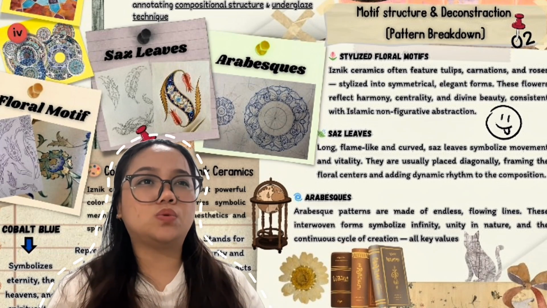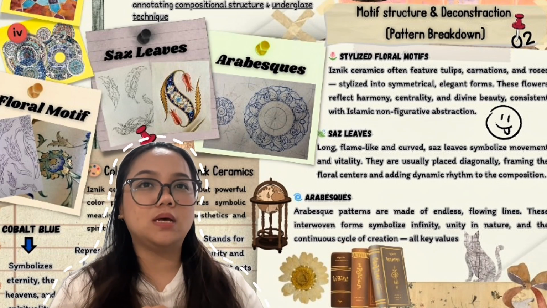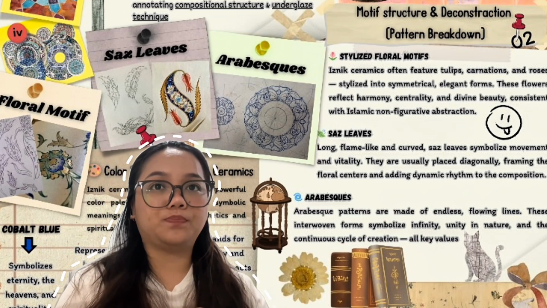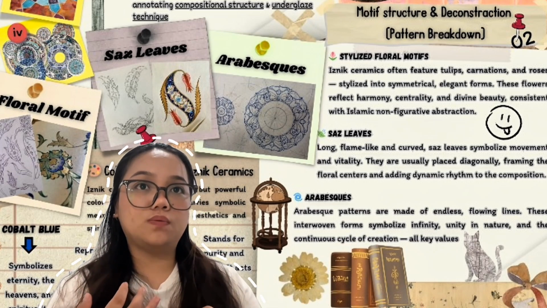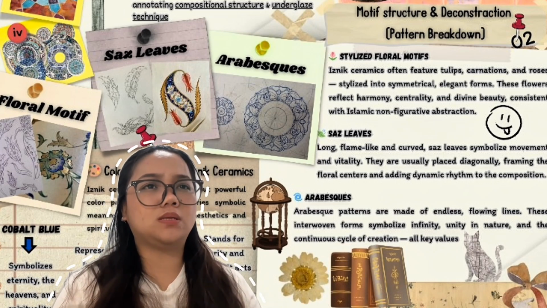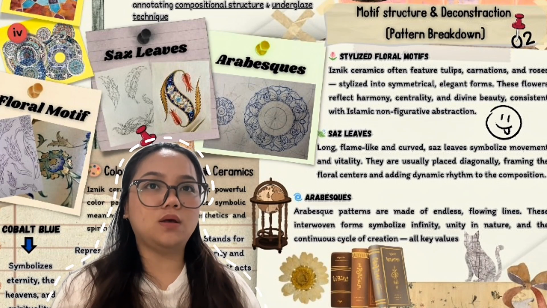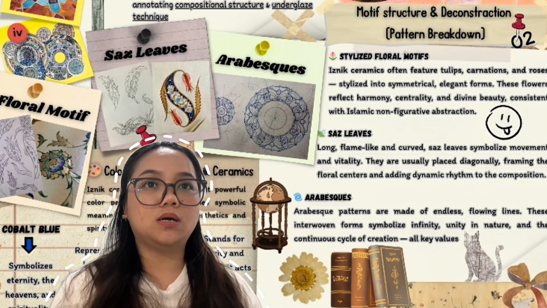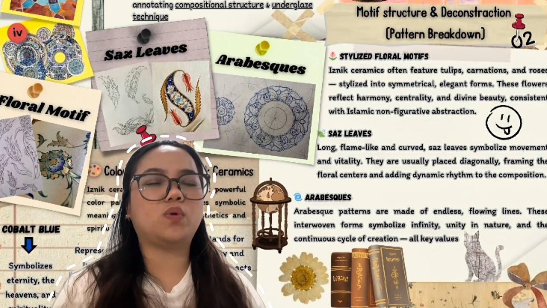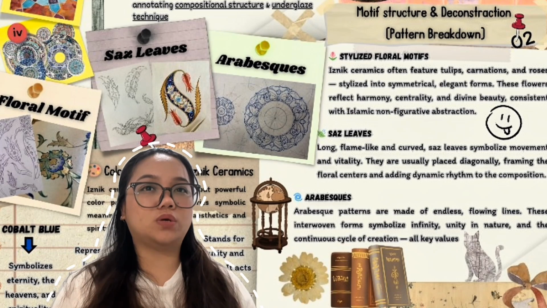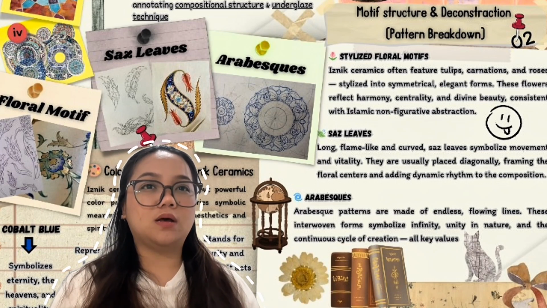This makes it easier to understand how complex patterns are actually formed through simple repeated structures. The purpose of this background is to explore how artists use balance and precision. Every motif and line follows a compositional logic, and when we deconstruct it, we can see the rhythm and flow that make the pattern feel unified.